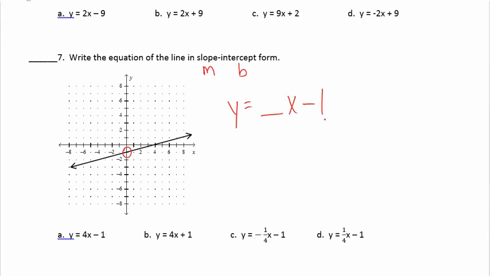If you find 2 ordered pairs or 2 places where you know the line goes through, and that's -1, and it also looks like it goes through here at 4. So that's up 1 and over 4. So the slope is 1/4. So the -1 in the equation comes from where the graph crosses the y-axis, and the 1/4 comes from counting the slope. So on number 7, the answer is D.